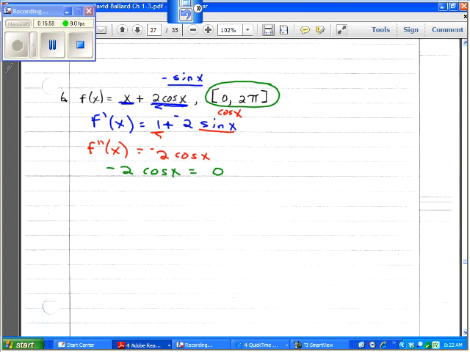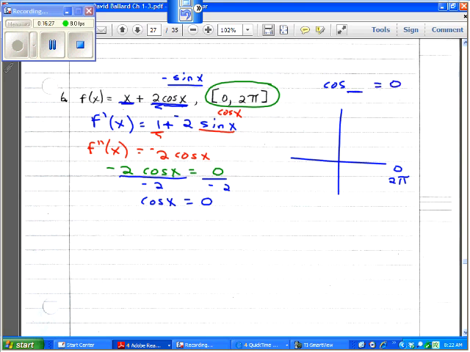So, we're going to solve here, so we're going to get the junk off of cosine, so we would divide by negative 2, and we'd have cosine of x is 0. Now, we're thinking again to the unit circle, and we know that we're going from 0 all the way around to 2 pi, and we're thinking in our mind, the cosine of how many degrees is 0.